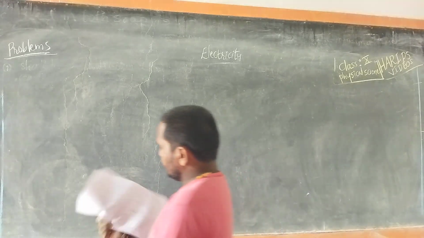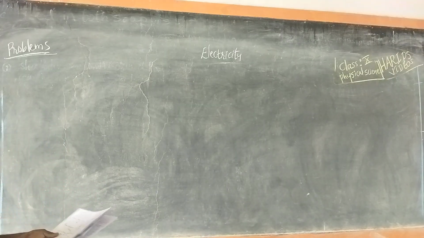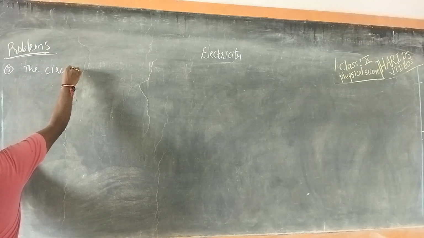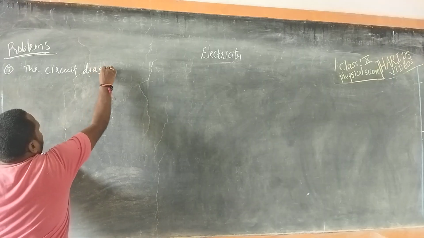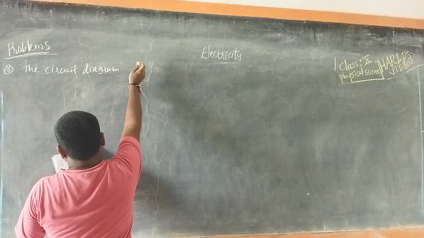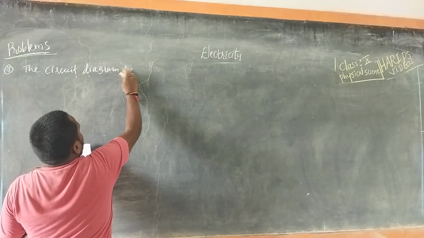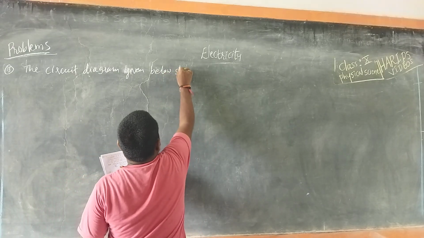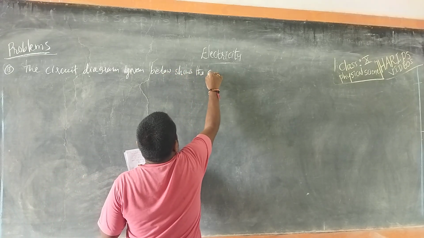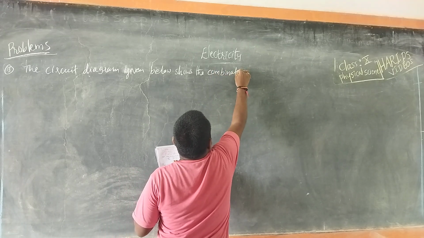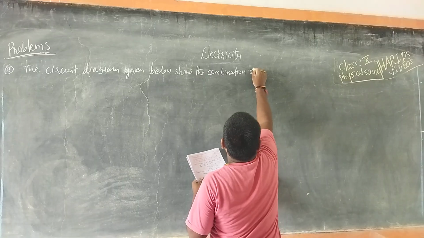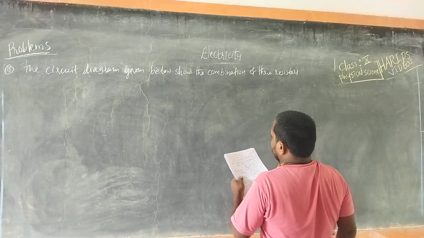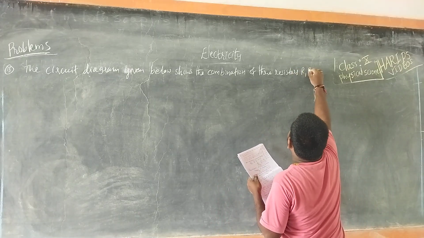Okay. Let's go to the diagram. The circuit diagram given below shows the combination of three resistors R1, R2, R3.